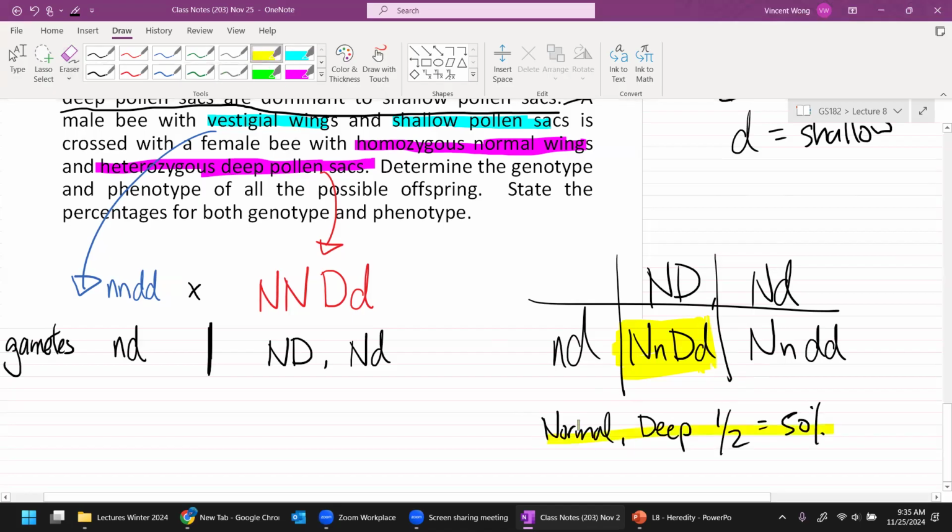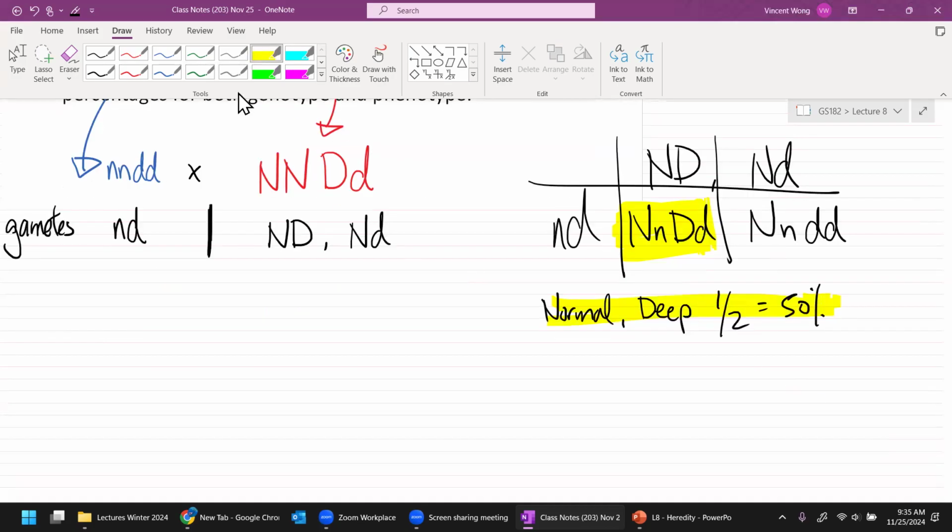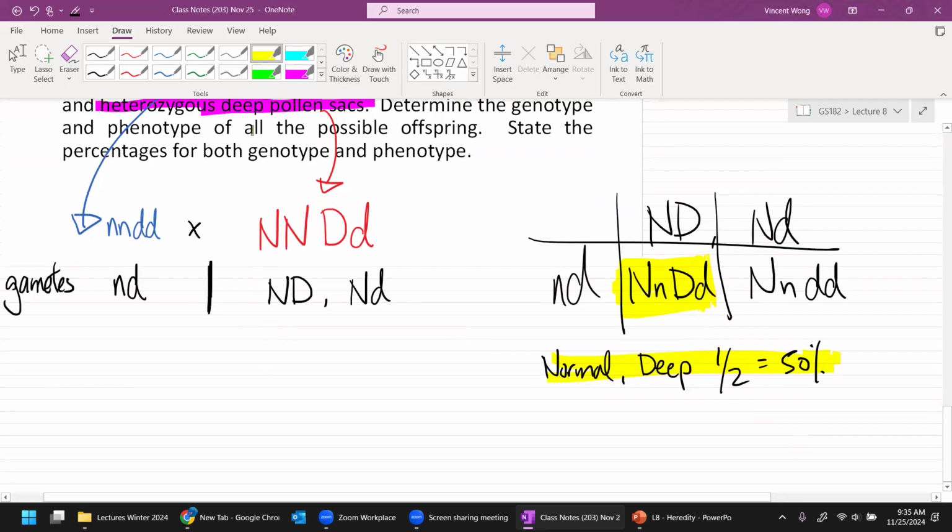So you would expect half the baby bees to have normal wings and deep pollen sacs. And what about the other half? Normal and shallow.